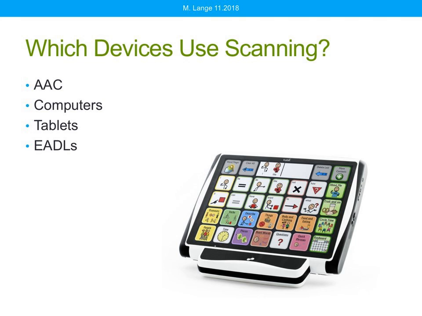So what devices use scanning? Well, certainly speech-generating devices, AAC, uses scanning. So if I'm not using direct eye gaze or mouse control, then I'm going to be using a switch, and that's going to require some type of scanning strategy. Computers do offer scanning.